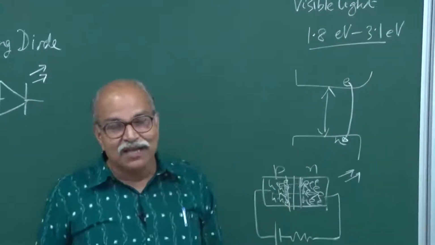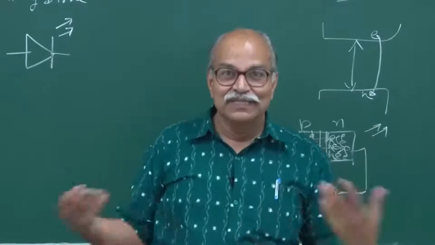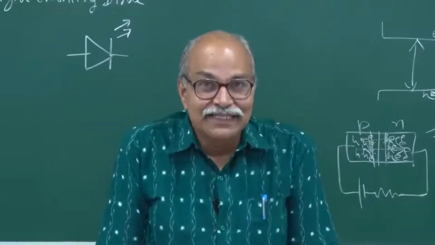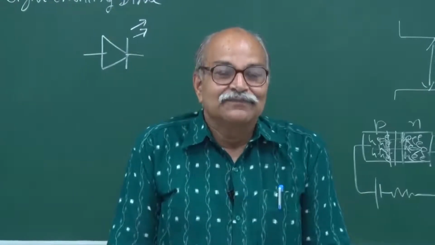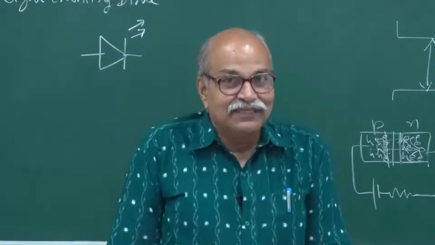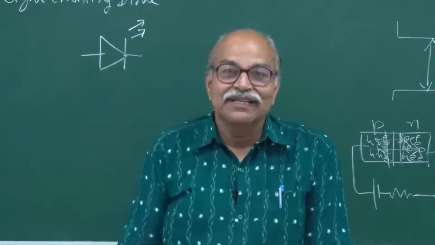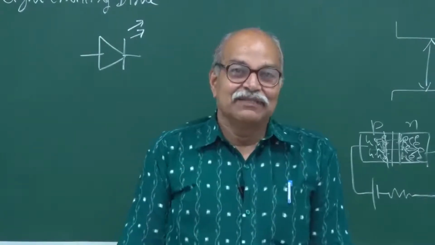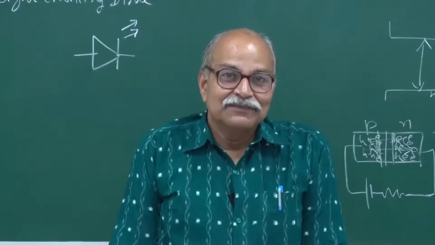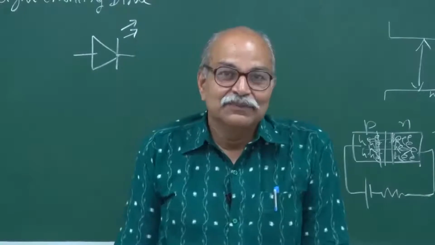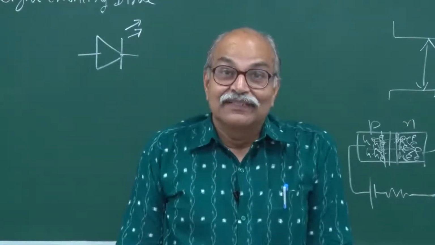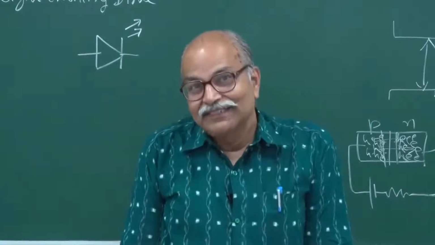So, to start with, we had only invisible range, this red LEDs, then later on other LEDs also came in production, and very recently 3 years ago, 2014, the Nobel Prize for physics went to those Japanese scientists for blue LED.